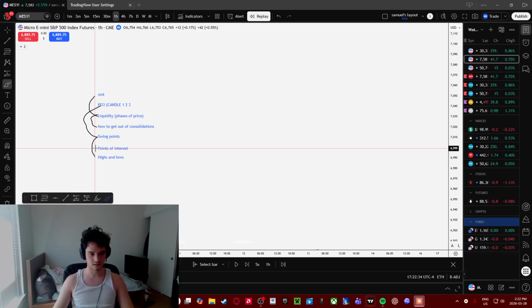This is connected to this. Value gaps, CISD, which is connected to points of interest.